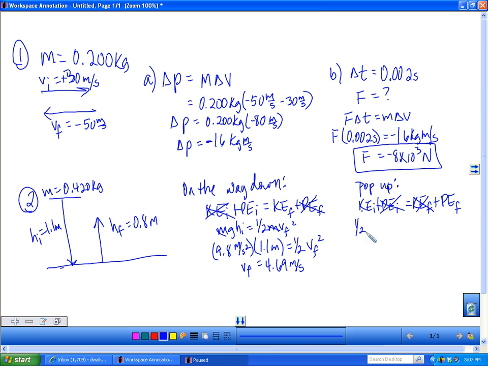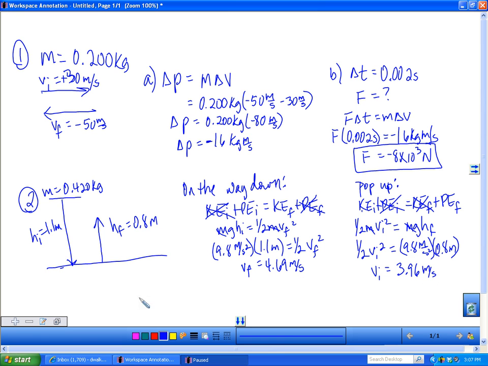So I'm going to say 1/2 m v initial squared is equal to m g h final. Mass will cancel. I'm going to have 1/2 v initial squared is equal to 9.8 times the final height of 0.8 meters. So it's going to leave the ground at 3.96.